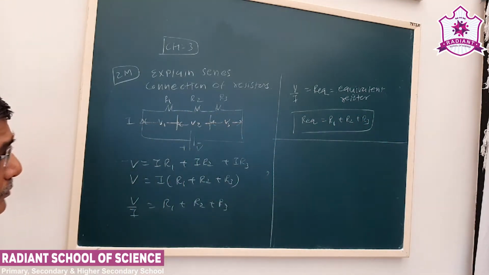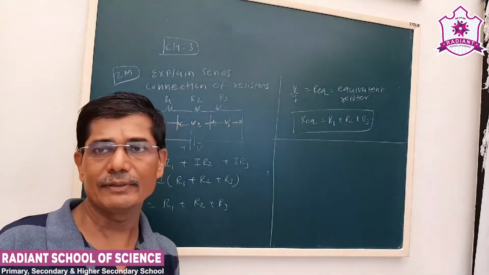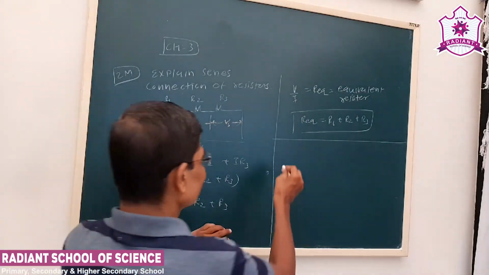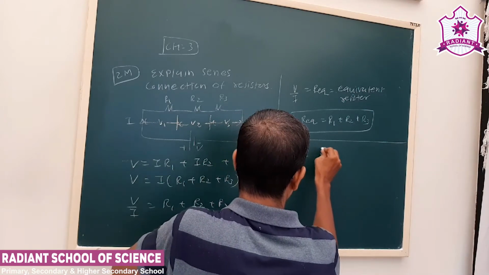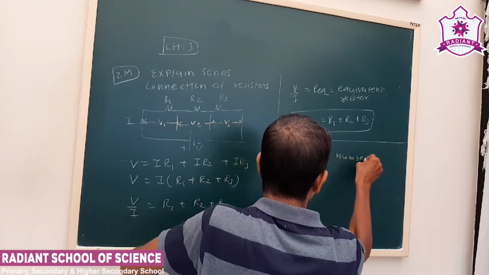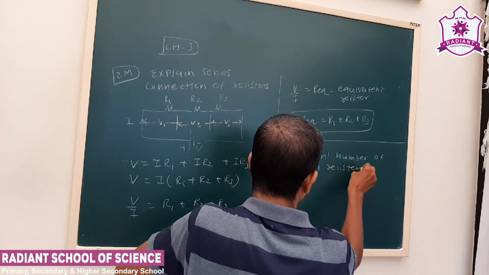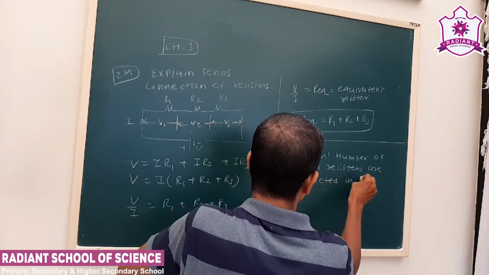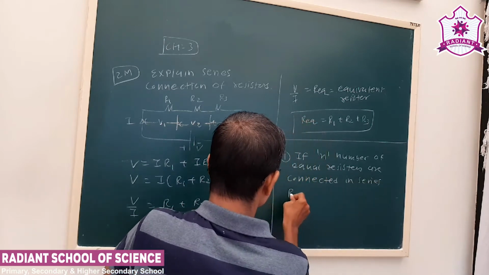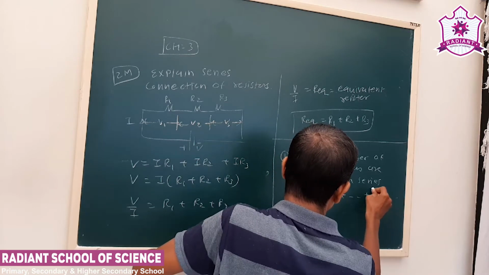Now see, there are some important things regarding series connection of the resistors that we have to make a note of, which will be useful to us in MCQs. If n number of equal resistors are connected in series, R equivalent will be R plus R, n times.